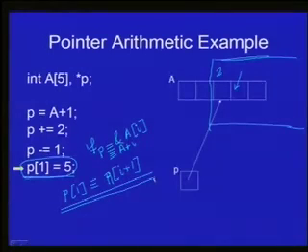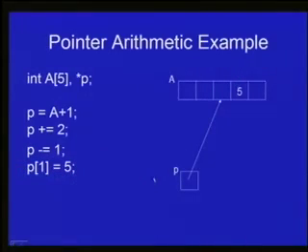Since P is pointing to the second element of the array, then P[1] is the same as the 2+1th, that is the third element of the array A. So P[1] assigned 5 results in this element of the array A getting the value 5.